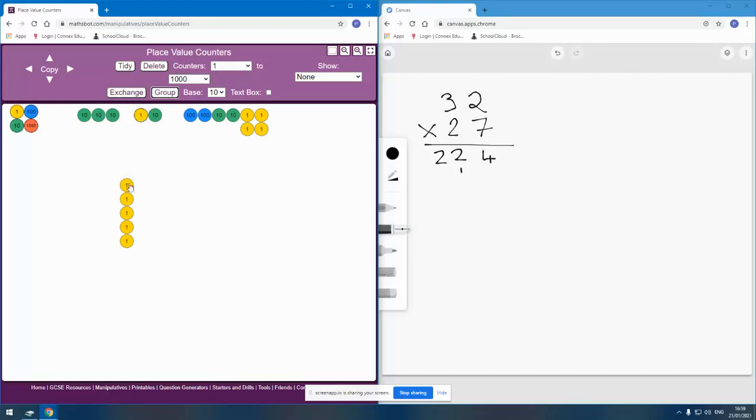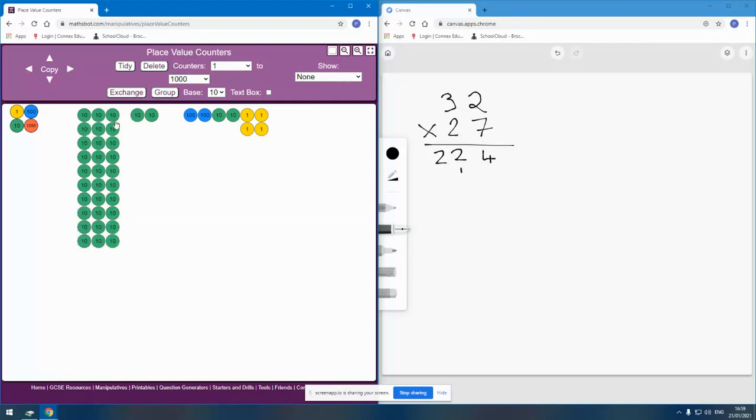Similarly, each of these, and some of those ones are still hidden under there, but I can put these together and group those together. So my 2 1s now in effect have been replaced by 2 10s. And then I can do the same thing here with my 10s. I can multiply my 30 by 10. So there's 2, 3, 4, 5, 6, 7, 8, 9, 10.